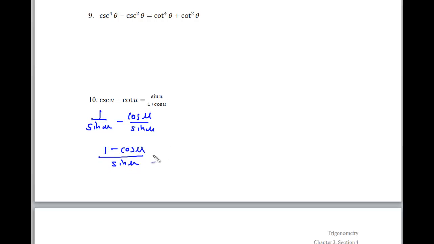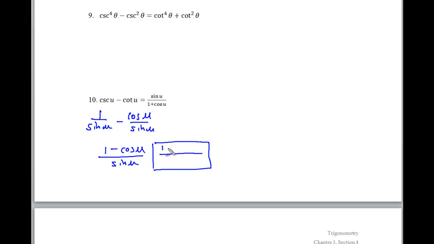Now, kind of tough here because I have to figure out what I am actually going to do here to get it to look like this. And the trick in this problem is to multiply by a very specific 1, which is something over something, which is going to keep the problem equivalent, but it can actually change inside here to help us out.